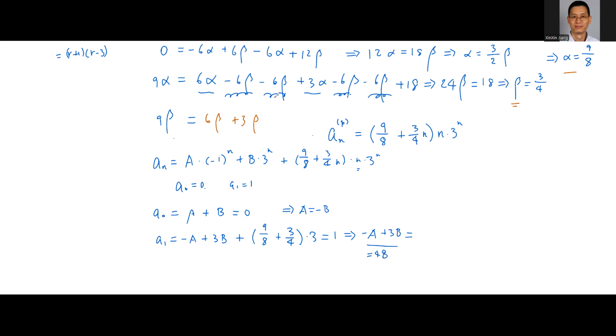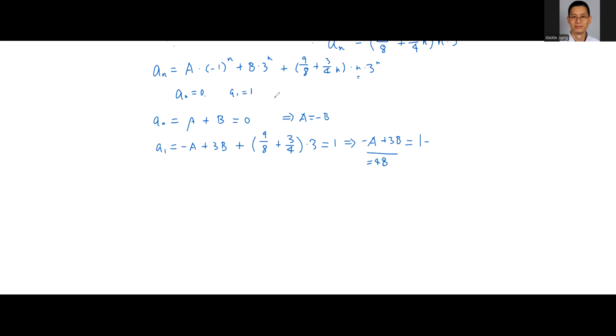Let's move the constants to the right side. Get 1 minus, so this is 6 over 8. So you have 15 over 8. 15 over 8 times 3. 15 times 3 is 45 over 8.